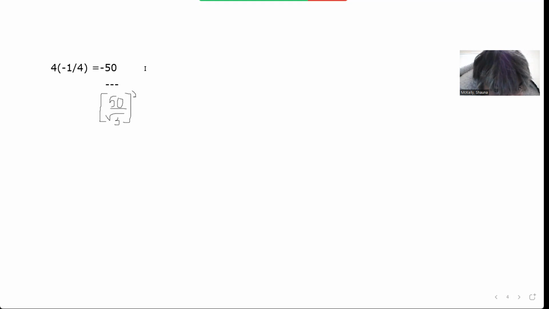So now I have, this is dx dt. So I have 4 times negative 1/4. This is negative 1 is equal to negative 50. Now I'm going to try and clean up the bottom. 50 times itself is 2,500.